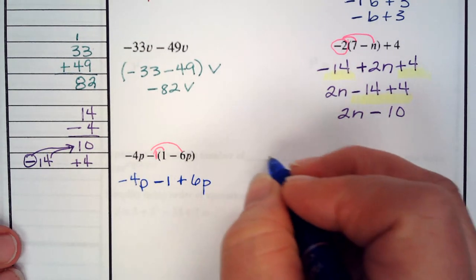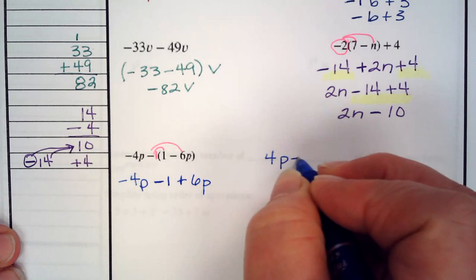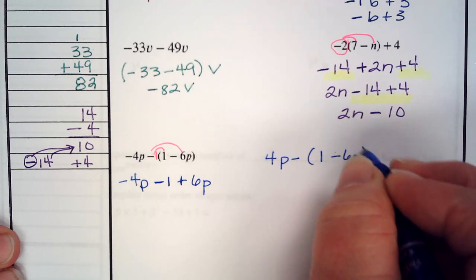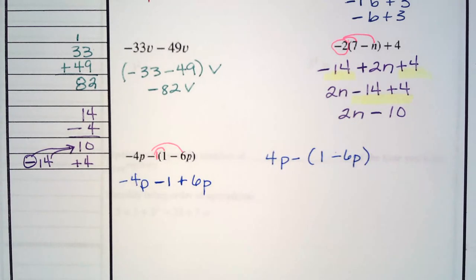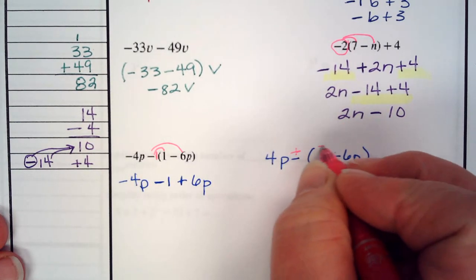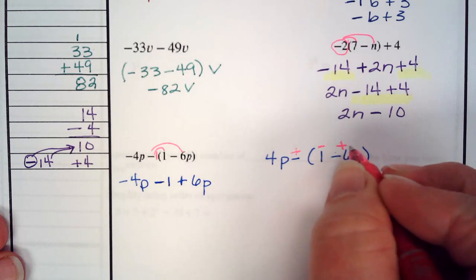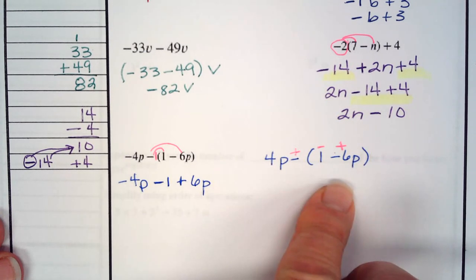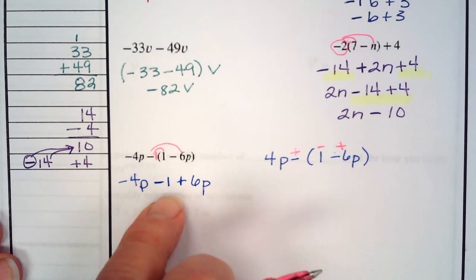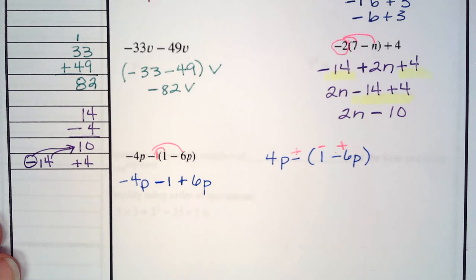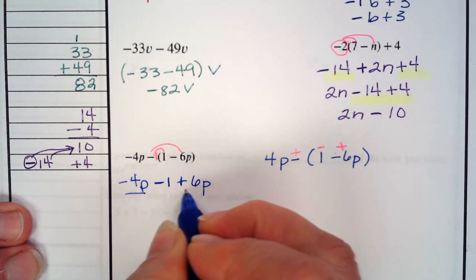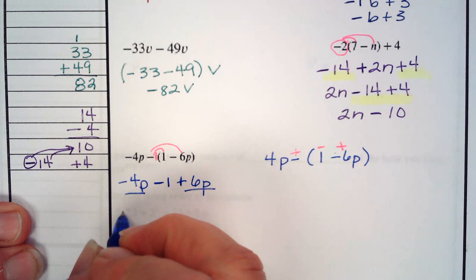When I was growing up, she told me to just change this to a positive, change everything in here to its opposite. And if you do that, you will once again get negative 1 plus 6p here. Okay, let's rearrange. We've got a negative 4p, we've got a positive 6p.